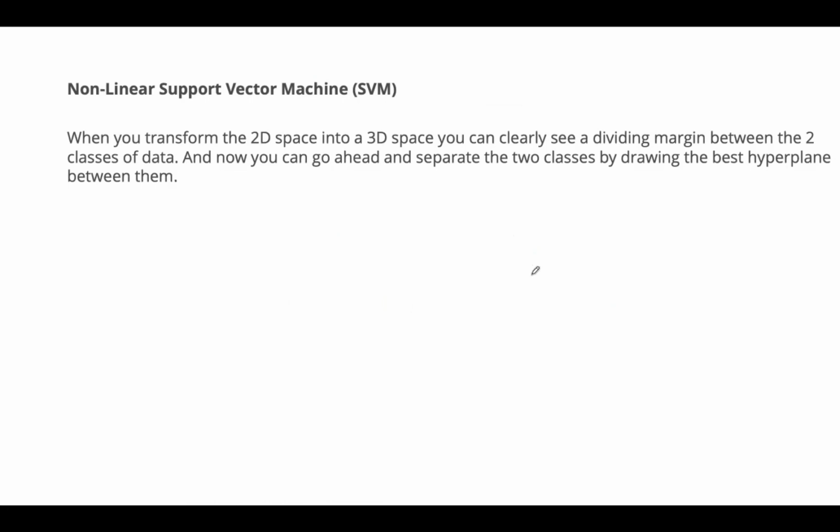A simple trick would be transforming the two variables x and y into a new feature space involving a new variable z. Along with x and y, we are taking one more variable, that is z, and we are visualizing the data on a three-dimensional space.